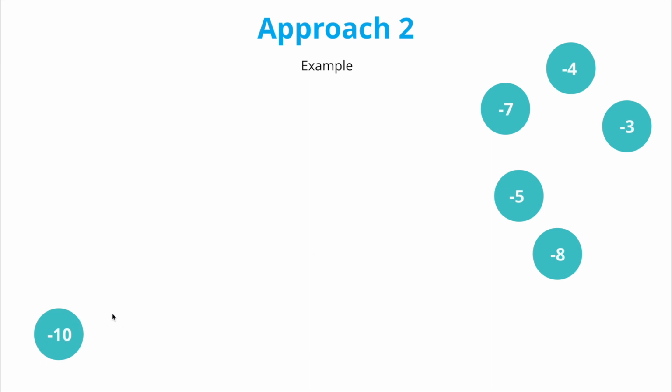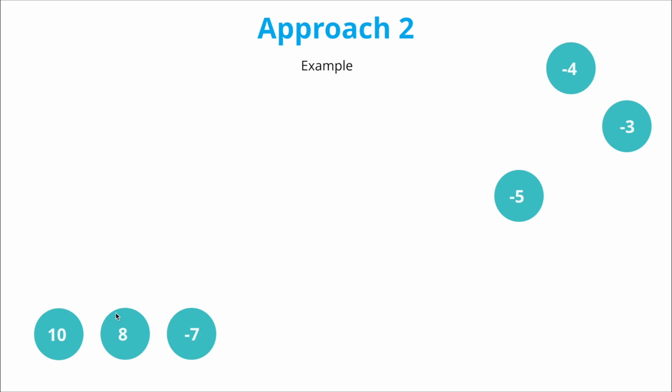Okay, then I can change that to 10. Then if I go ahead to remove the next element, I have minus 8. Then that changes to 8. Okay, so as I'm removing each element, I am negating the value. Okay, so now I have minus 7, which will change to 7.